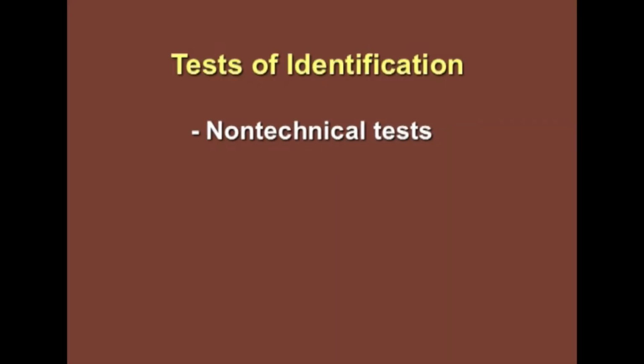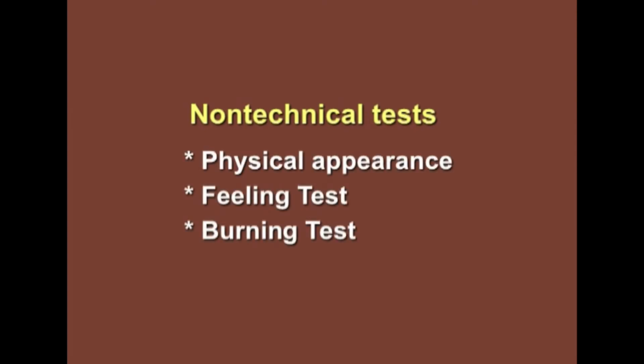In the absence of special equipment and facilities for identification of the fiber content in a fabric, one can rely on non-technical tests such as appearance, feeling test and burning tests. These tests have limitations of their own, but are helpful to identify the fiber group and also sometimes the fibers. The first test is the physical appearance test.